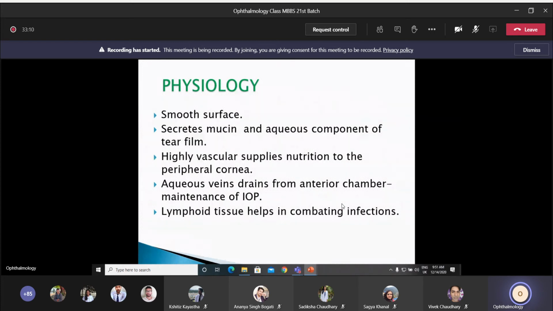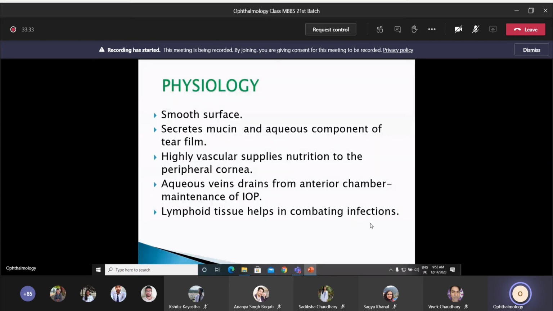So it provides a smooth surface for the proper spread of the tear film. So whenever there's any disturbance in the smooth surface, some roughness there, as I just said in xerosis, that will lead to dry eyes.